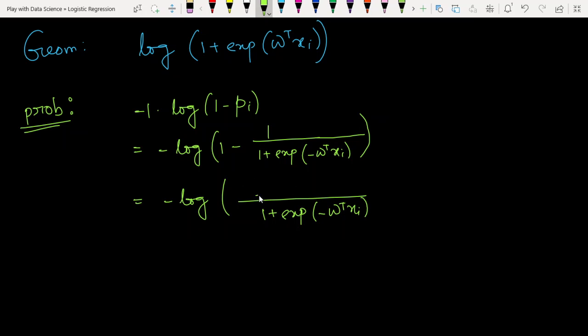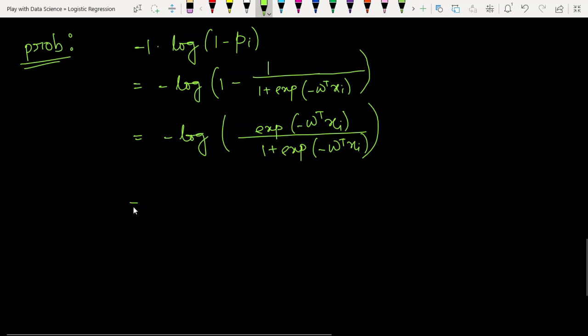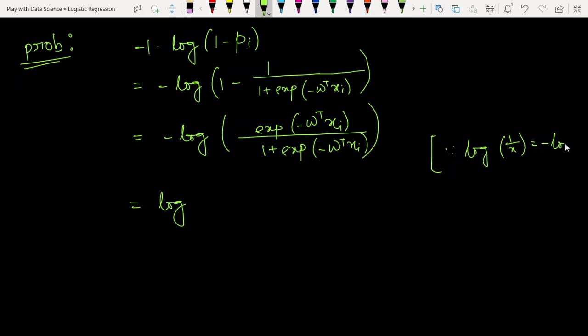So in the numerator we got it. Log of 1 by x is equal to minus log x. We have simply applied this formula here. 1 plus exponential of minus w transpose xi.